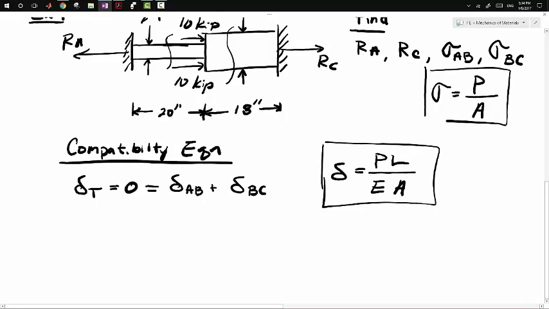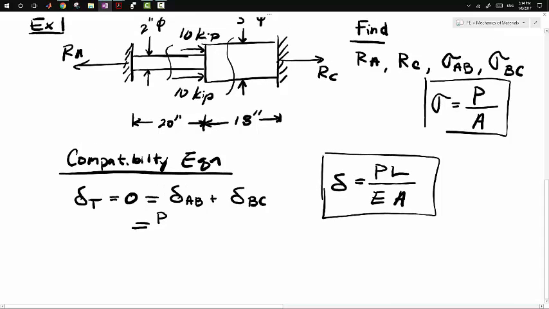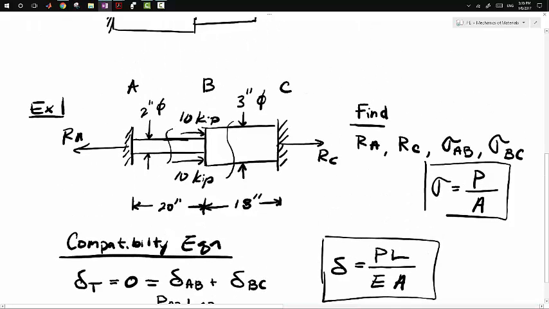So if we expand this equation out, delta AB is going to be the axial force in AB, the length of AB divided by Young's modulus times the cross-sectional area of AB. Oh, and I forgot, we have a given: the Young's modulus is known to be 0.3 times 10 to the 6 psi, pounds per square inch.